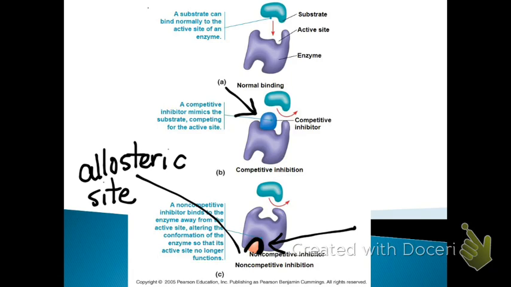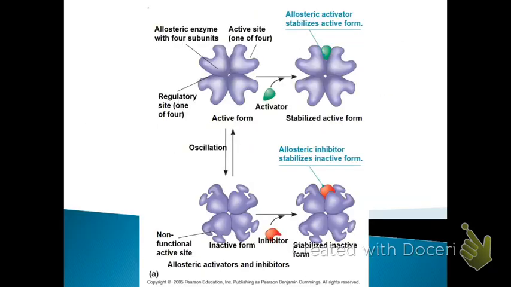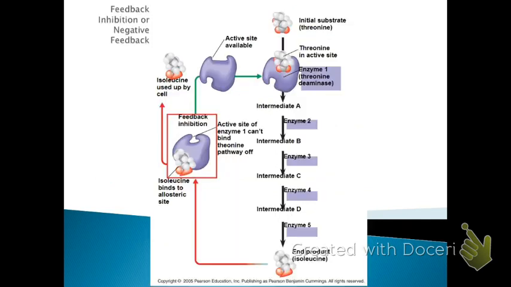This is a method that organisms have to control how much of something is produced. It is called negative feedback. Okay, so let me show you this. What you've got here is, let's say that we want to make, in this picture, isoleucine.